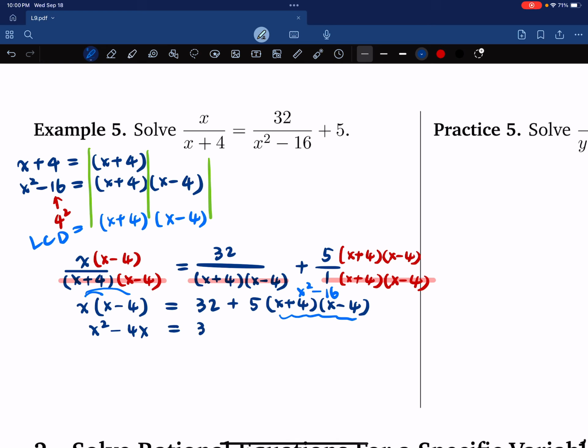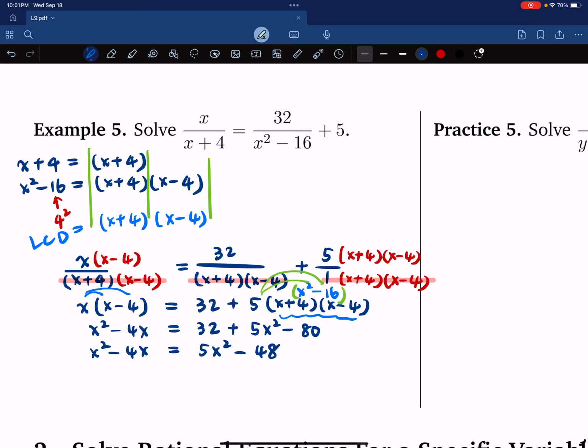On the right-hand side, we have 32 plus, and right here I am distributing 5 into x squared minus 16. And this will give me 5x squared minus 80. And we can combine the two numbers on the right-hand side. So it's 5x squared, and then we have 32 minus 80, which is negative 48.